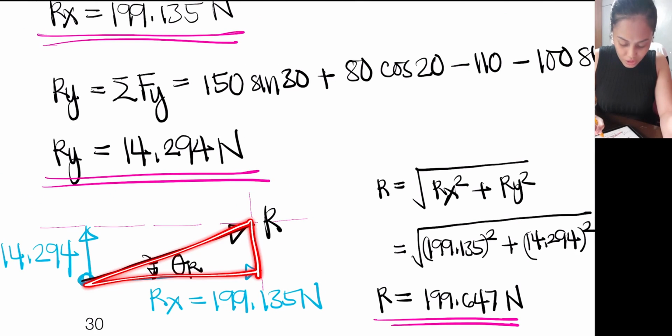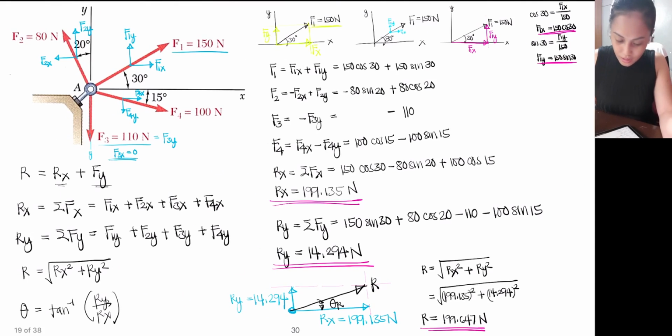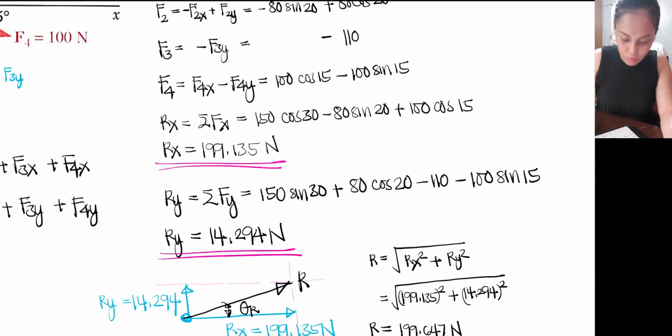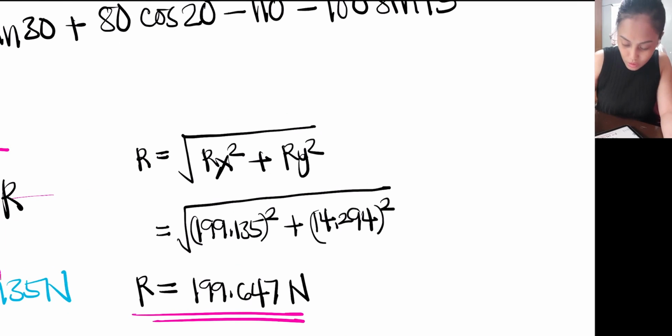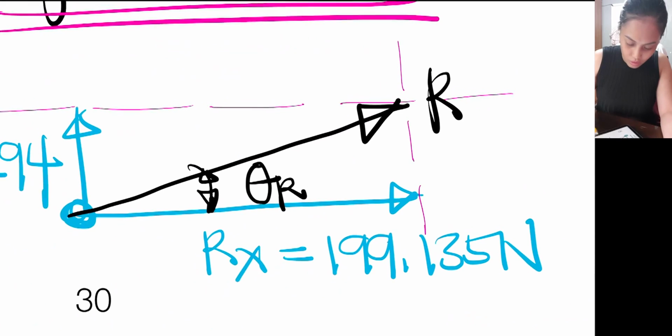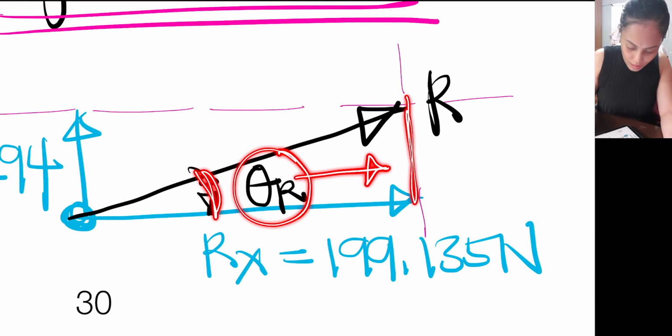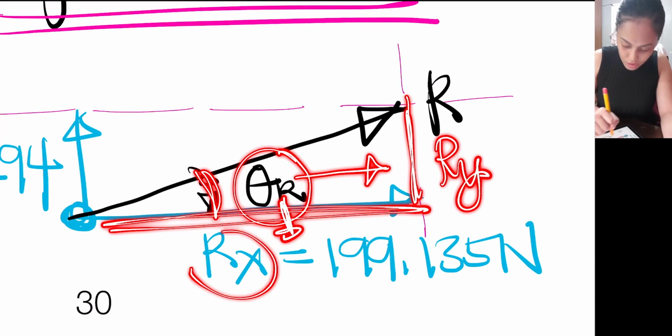Let's use tangent theta, opposite over adjacent. It is the easiest, since you won't be confused about cosine or sine, or which is adjacent and which is opposite. The opposite side of this angle is Ry, and the adjacent side is Rx.